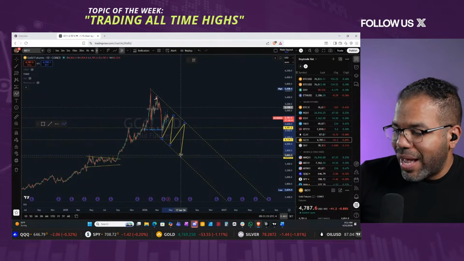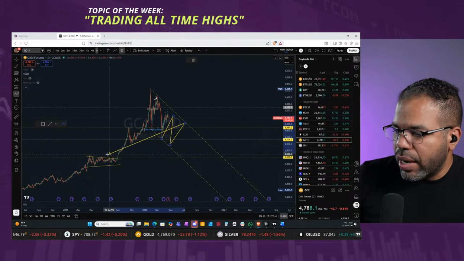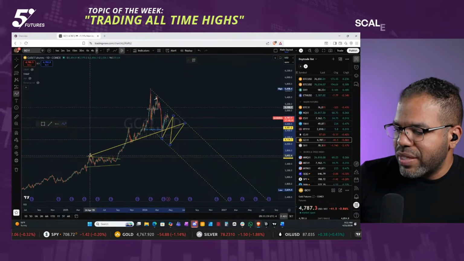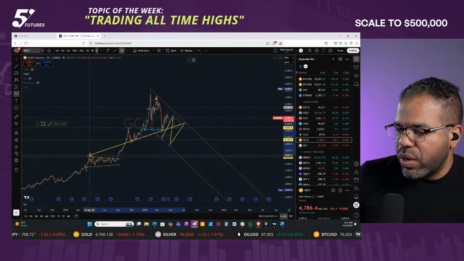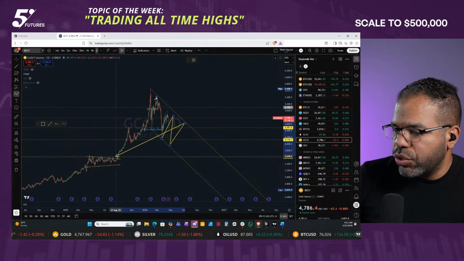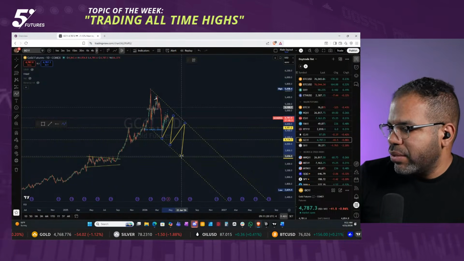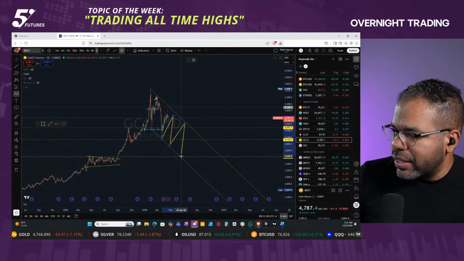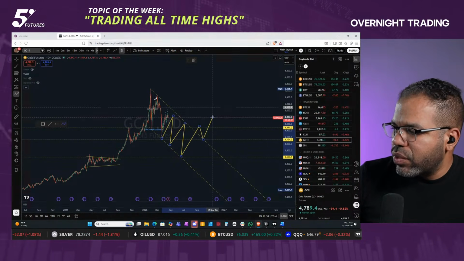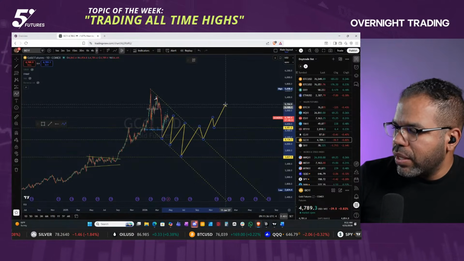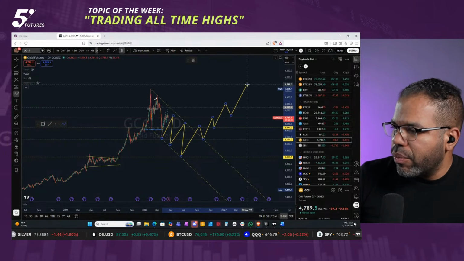We could possibly even go much lower and retest those previous highs where we broke out from back in the summer of 25, so April, May, June, which would be 3,800, 3,600 before we possibly break out and form once again another bullish structure.